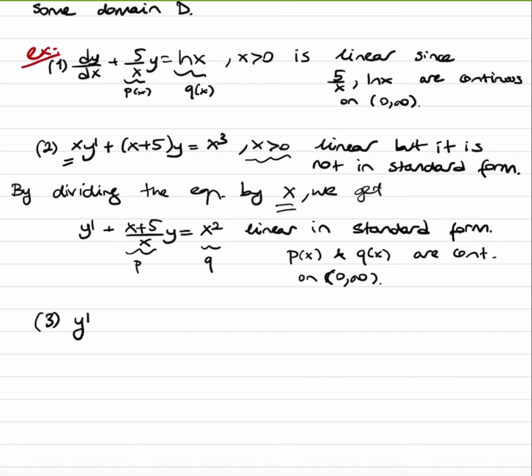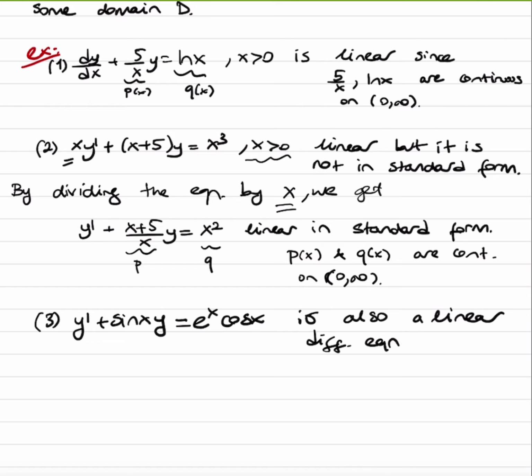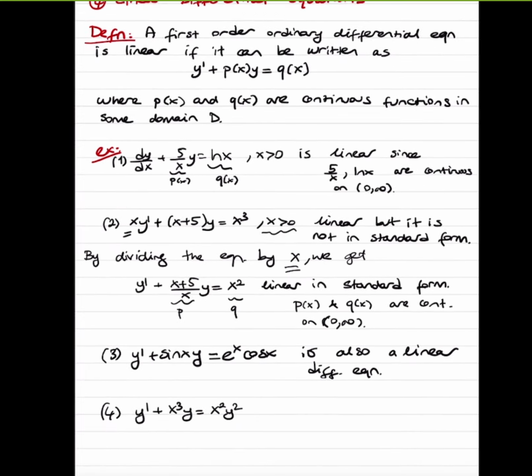Okay, I mean we can give as many examples as we want. Sine x y is equal to e to the power cosine x. So this is also a linear differential equation. Okay, what about this one? y prime plus, let's say, x cubed y is equal to x squared or y squared.